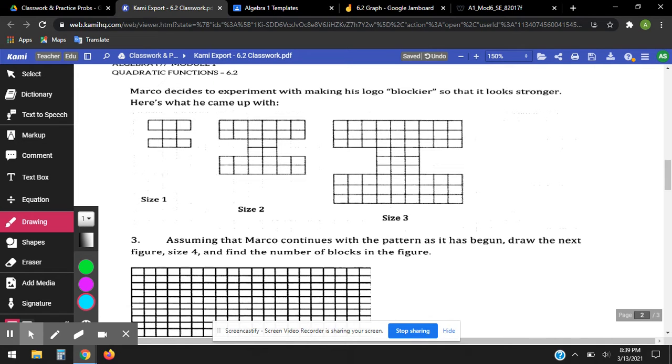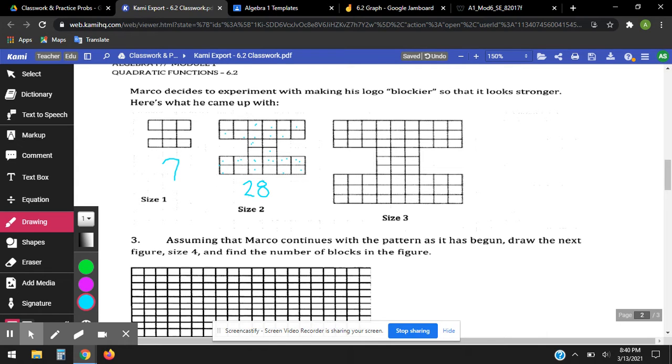So now his first one still has 7, but his second one has 28, right? Counting: 2, 3, 4, 5, up to 28.